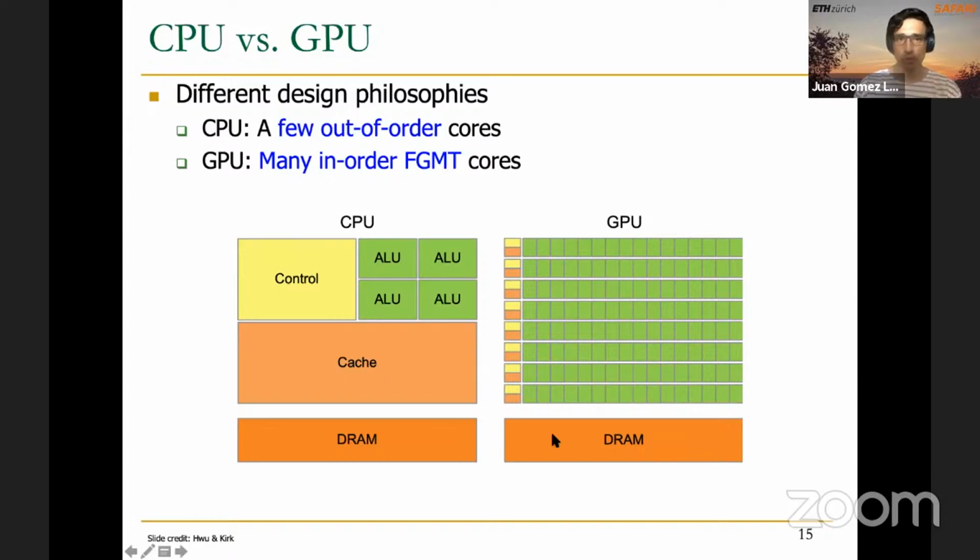In CPUs, we typically have only a few out-of-order cores and a few ALUs, and most of the area of the chip is spent on control hardware and cache. Usually the GPU is exactly the other way around.